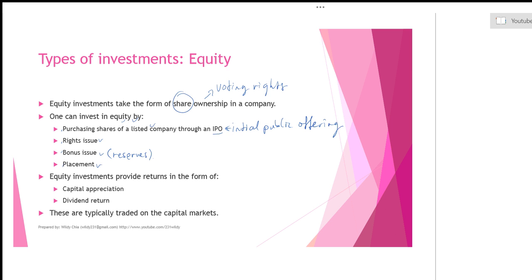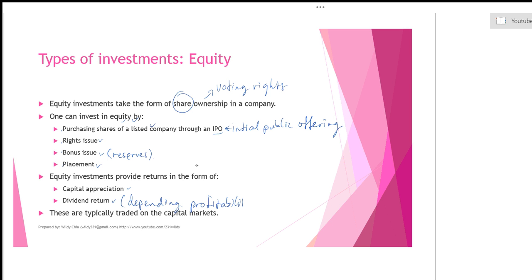Equity investments provide returns, especially in the form of capital appreciation. So in some cases, if you are investing in the stocks of a listed company, then the prices of the shares of the company may appreciate over time. Now, if you hold the stock or the share, dividend returns are also possible depending on the company's profitability, and also the company's dividend policy, right?